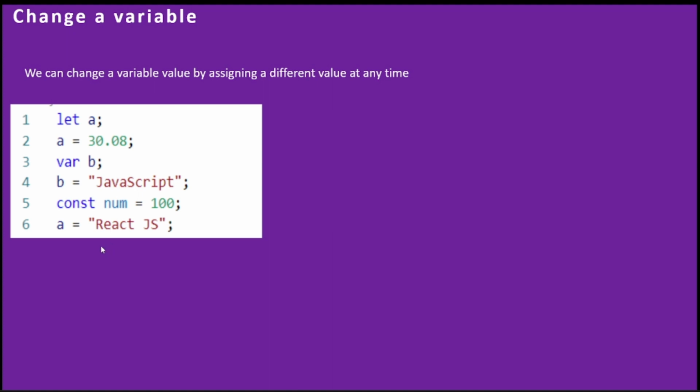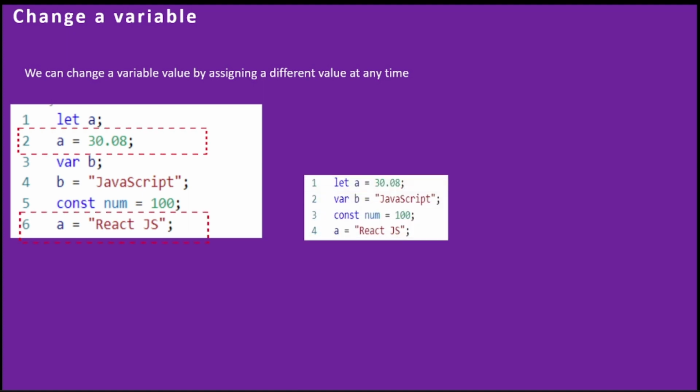After line number 6, I have updated the value with a different type. First the type is a number, and the second time I updated it with a word, which is a string. Now see, I have updated this variable a in two places.